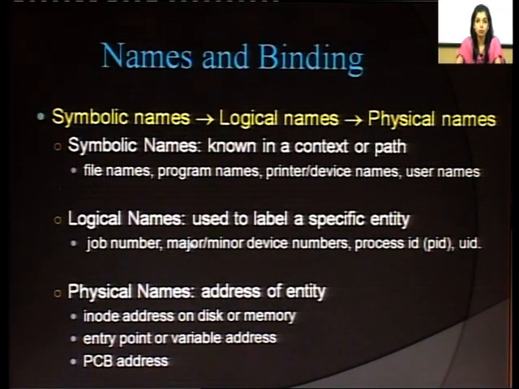A logical name is used to label a specific entity, either a process ID, job number, device number or user ID, whereas a physical name is the address of an entity, the address of any process on disk or in memory.